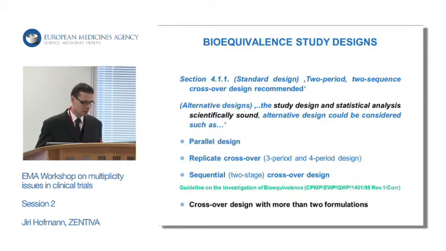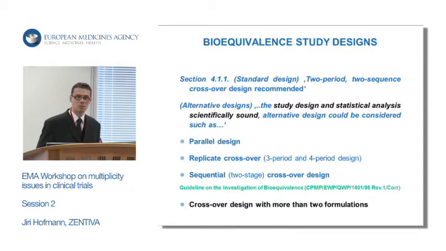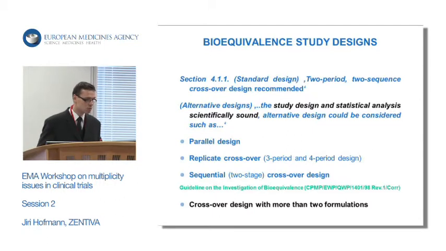crossover design. But frequently in drug development, we need to conduct a study with more than two formulations, and this possibility of running a crossover design with more than two formulations is actually not explicitly mentioned in the BE guideline. And I believe that these trials do fulfill the guideline requirements on alternative designs.